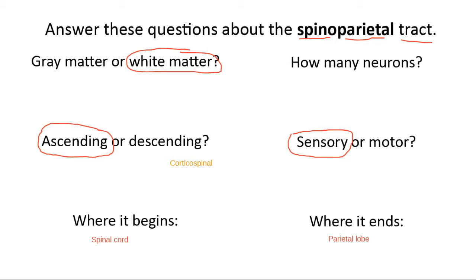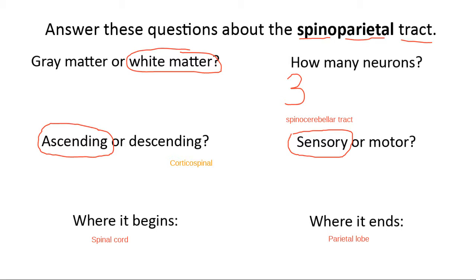Yeah, pretty much all of them. The number I want you to know for most of them is going to be 3. Whenever you see that it's an ascending tract, I want you to be thinking 3 neurons. We did talk about that exception, right? Remember we talked about the spinocerebellar tract.